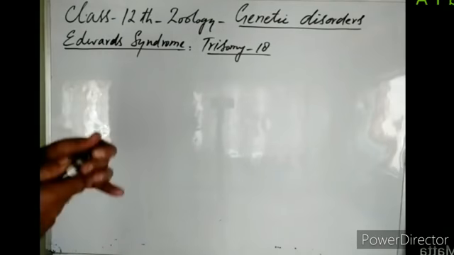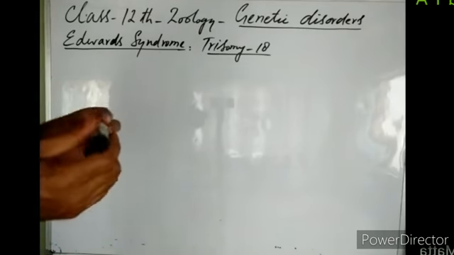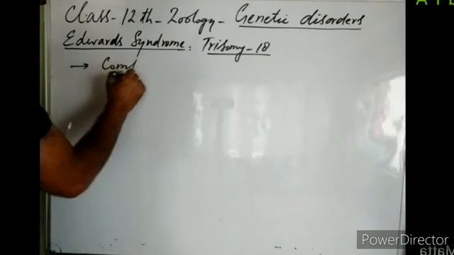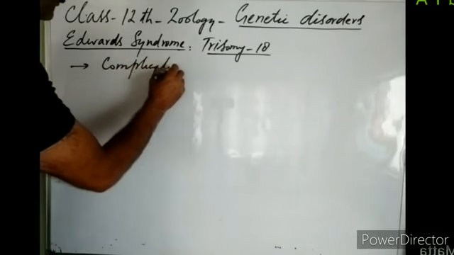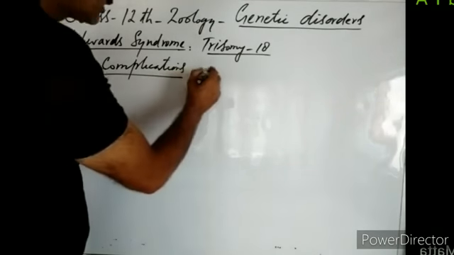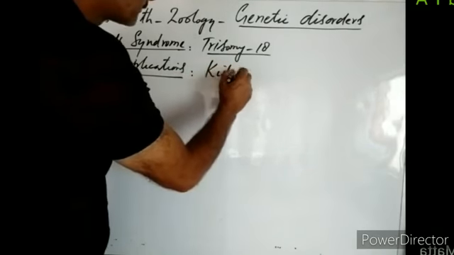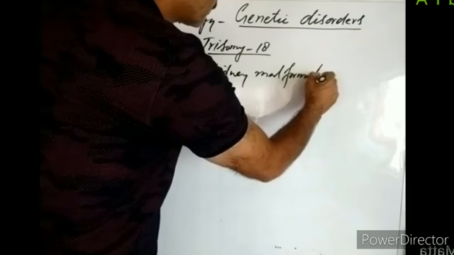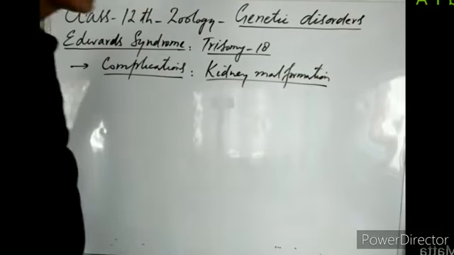Now, today we are going to discuss the complications associated with this Edwards syndrome. The complications which are mostly associated with Edwards syndrome are kidney malformations. These persons have malformed kidneys.